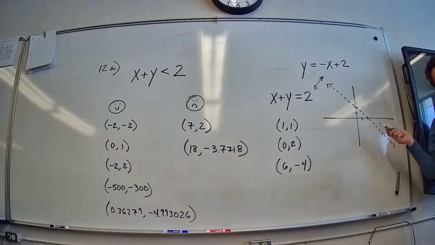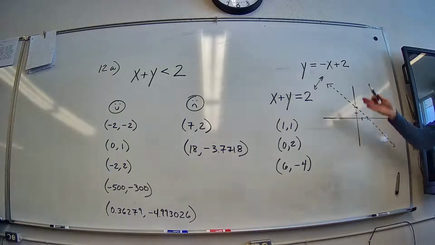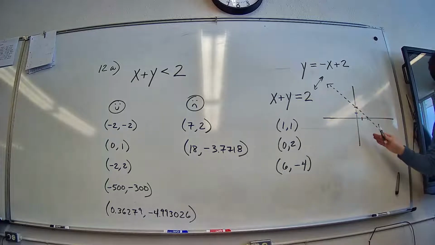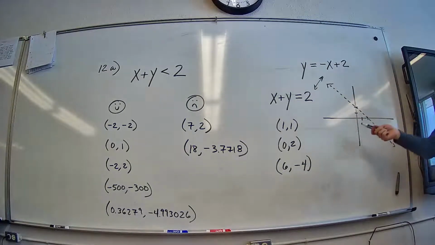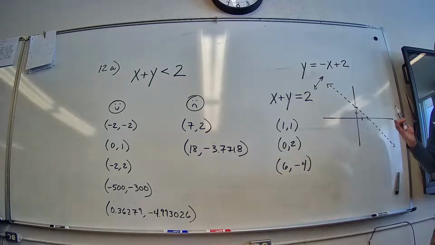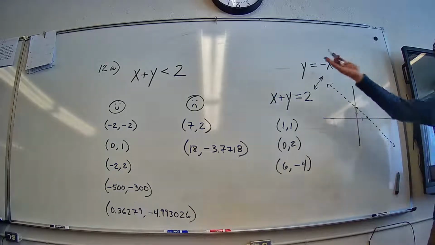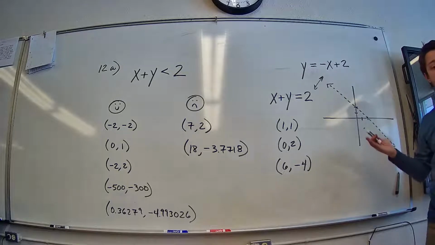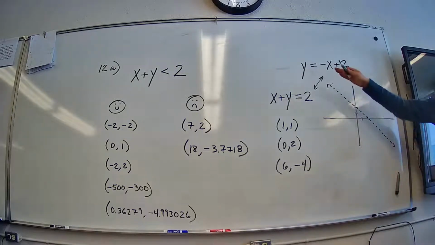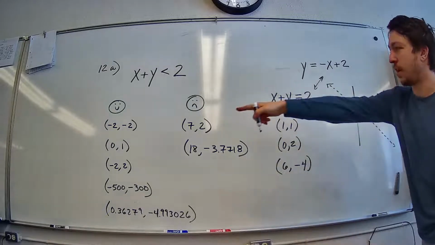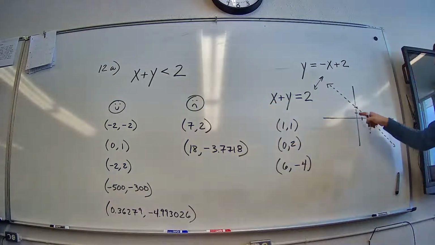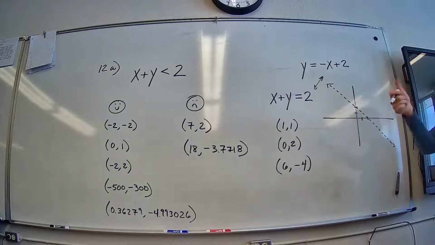where if a point, so what does a line do to the plane? Well, a line splits the plane into 2 halves. And so what you're going to find is some points are solutions, some points are not solutions. And what's the dividing line? It's this line right here. Okay, so if you test out, okay, here's 0, 1, that is in the good zone.